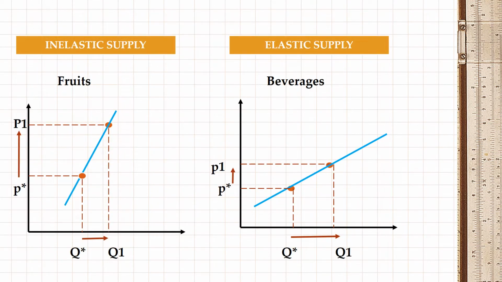Here you have two graphs. One is a scenario of inelastic supply and another one is for elastic supply. If you notice the shape of the curves, remember I mentioned the curve would be steeper for inelastic, whereas for elastic, the curve would be flat.